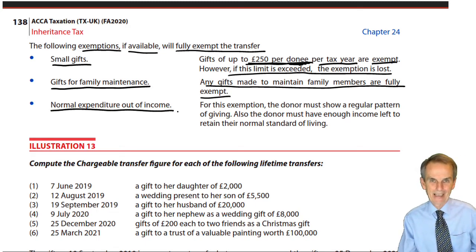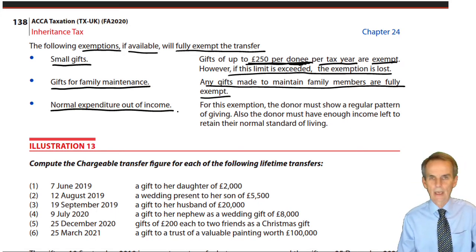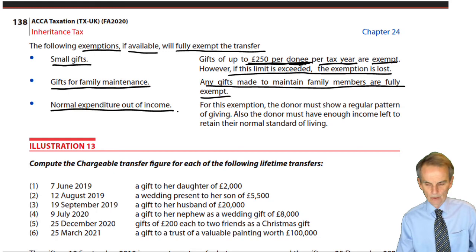Now, there again, you'll see no figure placed on this. What is normal for one person is not normal for another. What is normal to the likes of you or I is very different to what might be normal for, say, the Duke of Westminster, whose income each year runs into the multi-millions.